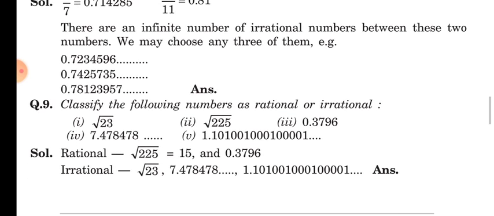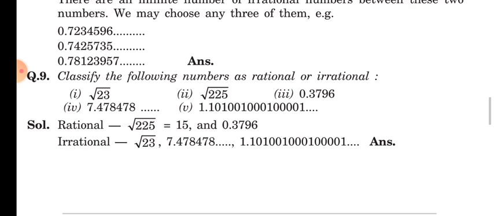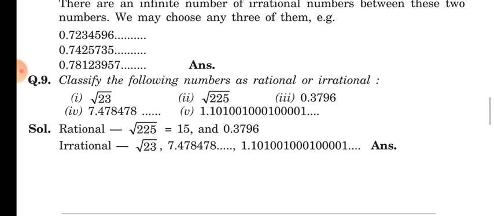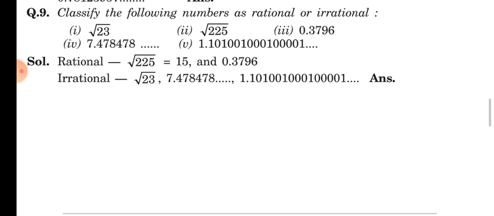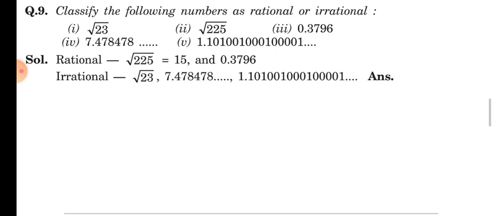So one more question is left, question number 9. This question can be solved by observation. Classify the following numbers as rational or irrational. The first one, root 23. Now 23 is a prime number, so root 23 is irrational. Okay.